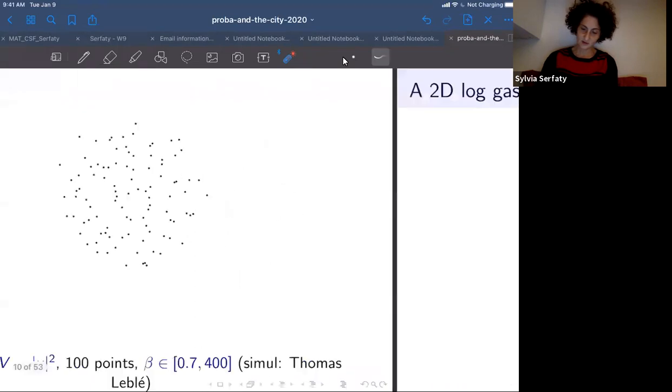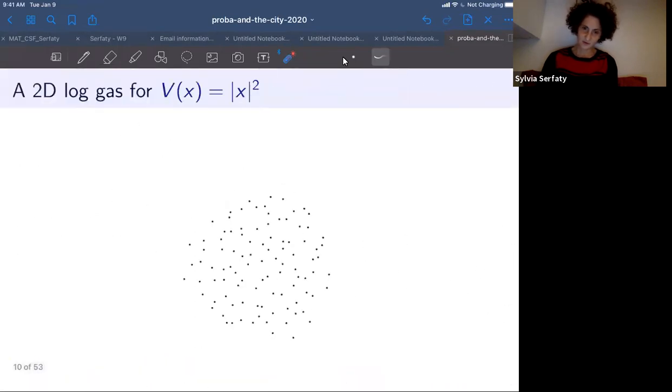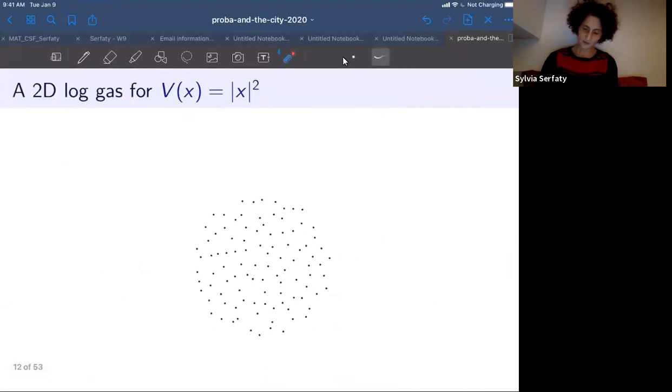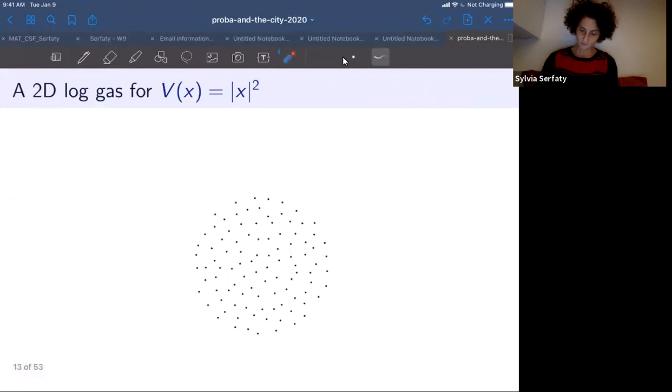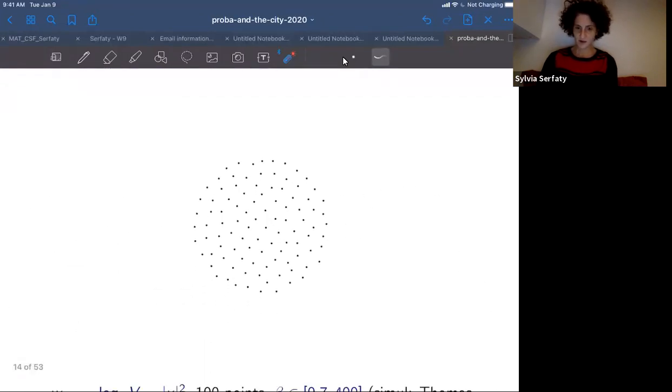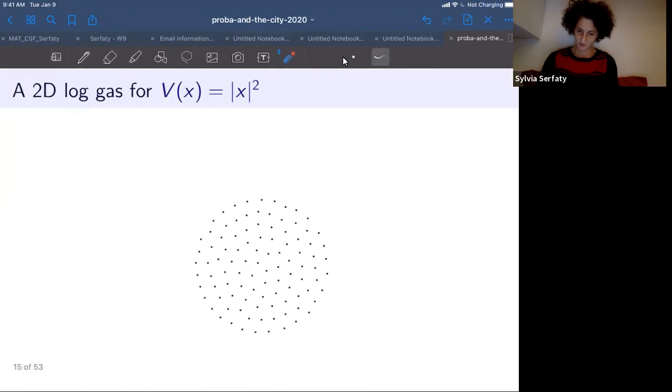So let's now decrease temperature. It's still well distributed in the disk, and you see that as you decrease the temperature, the macroscopic distribution doesn't change very much. It's always the equilibrium measure, but the microscopic distribution changes and gets more and more rigid, until you get to very, very large beta, where you can start to believe in some form of crystallization in those pictures.